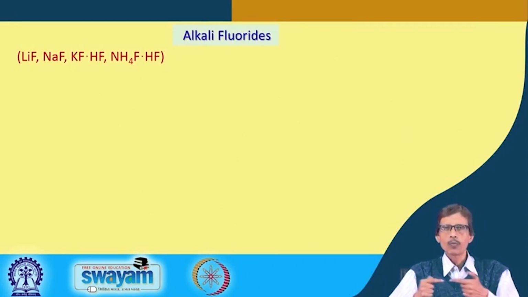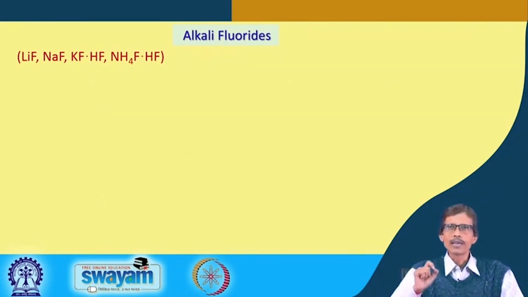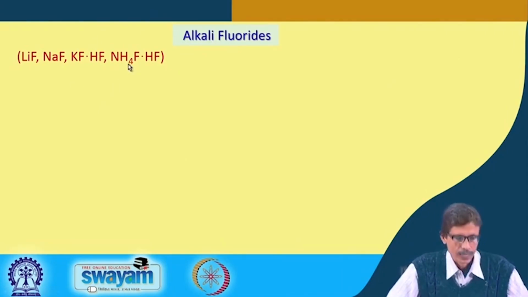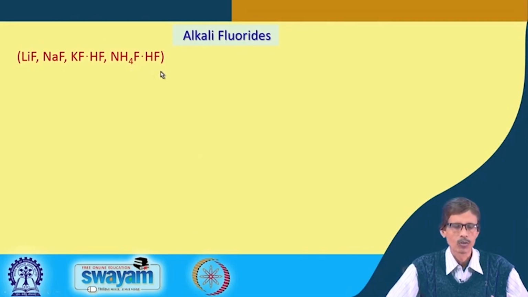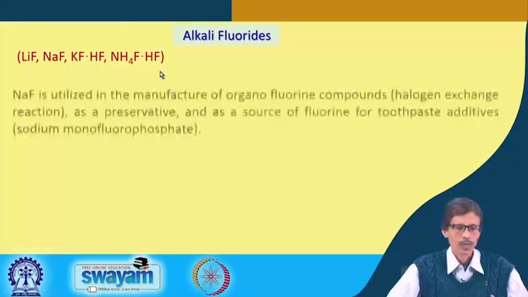So, the fluoride from both ends, one side you have one H, another side you have another H, that means HF2 species. This HF2 species is stabilized in the presence of the potassium ion and you get potassium bifluoride. Similarly, you get the corresponding ammonium bifluoride also; these are all bisalts.